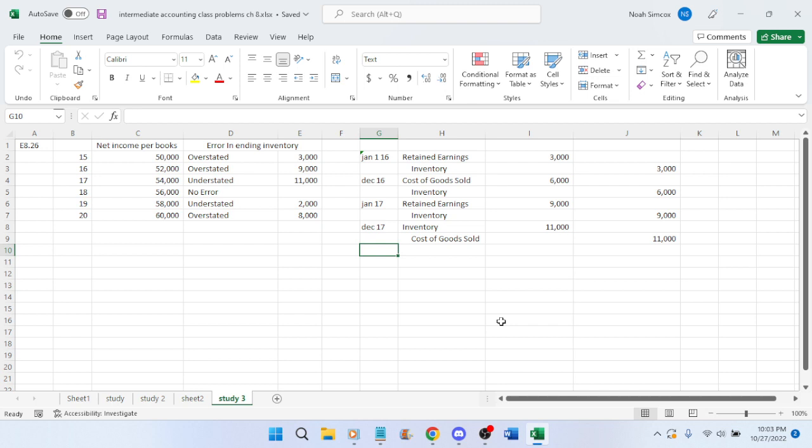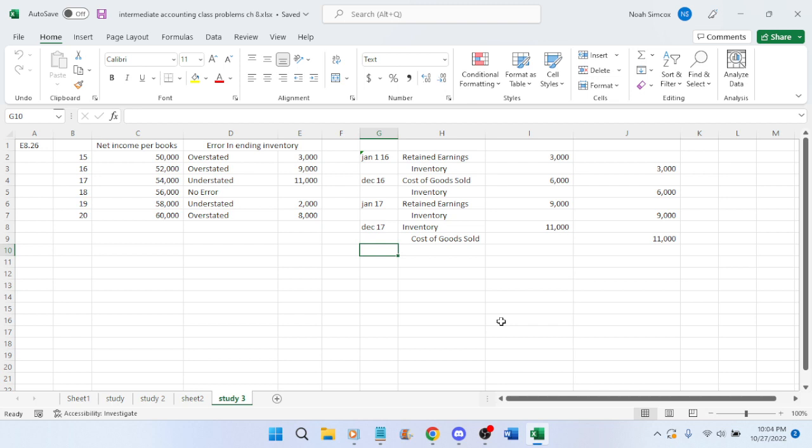That logic does not apply at the other thing. Because in the beginning of 2017, you have now fixed it by decreasing it by 9,000. Next thing, at the end of the year, it's now understated. You increased it by 9,000, now it's understated by 11,000. Increase inventory by 11,000 to get it to your normal thing.